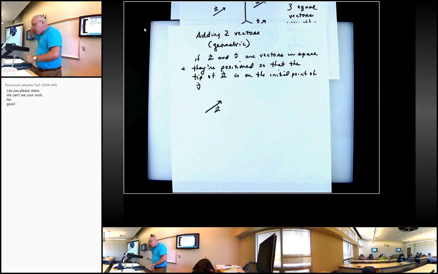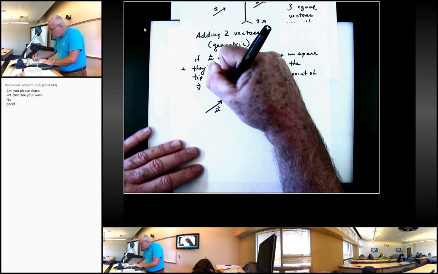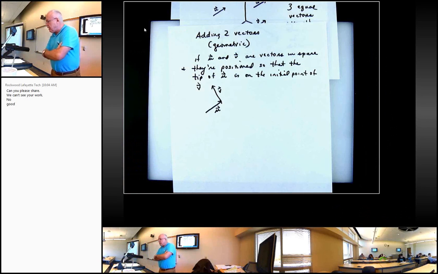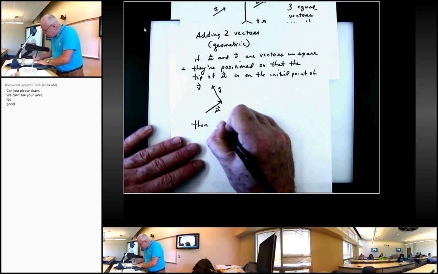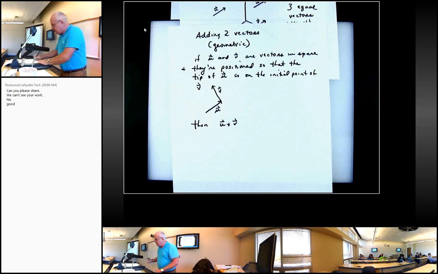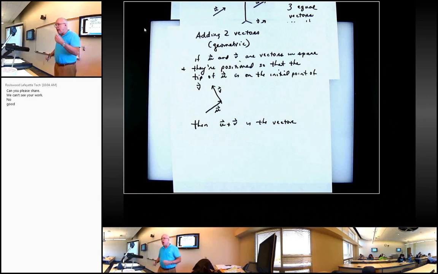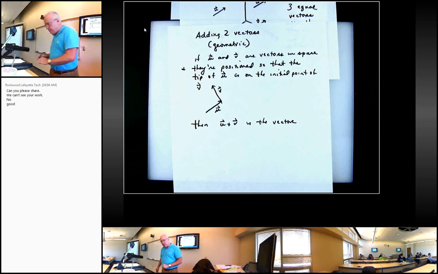And then here is the tip of u, and starting at the tip of u, we have v starting there. So the tail of v, or the initial point of v, is on the tip of u. All right, we can then say the sum of these two, u plus v, is the vector that starts at the initial point of u and ends at the terminal point of v.